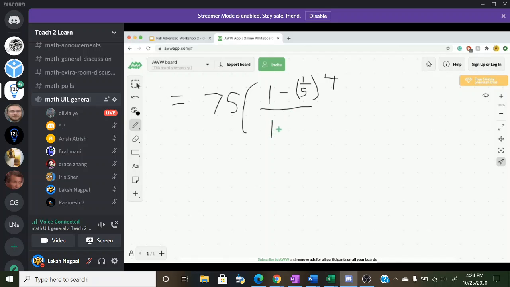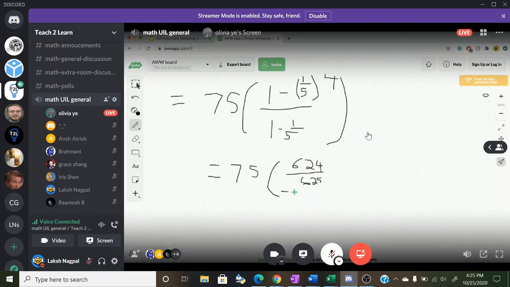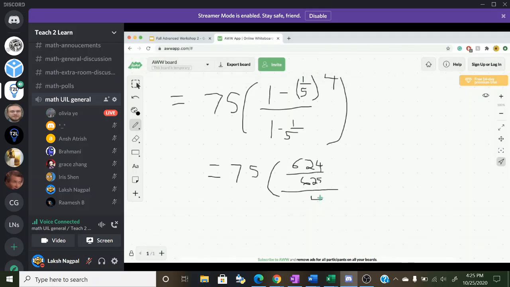On the bottom, we subtract 1 minus the common ratio, and that will give you your answer. If you simplify this out, you'll get 75 times 624 out of 625, divided by 4/5.